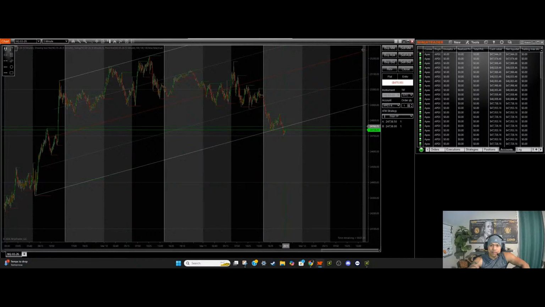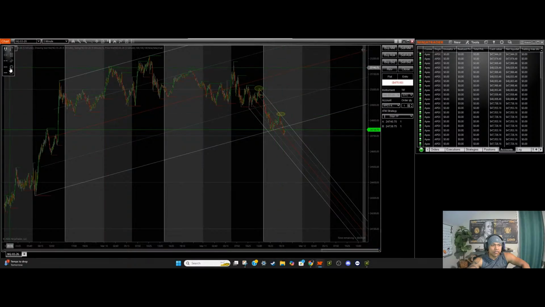Boom. The retest is right here, right? And then if we draw the downside, two pivot points. There we go. And then you can do this. It's getting really tight. Let's see. This pivot right here. So pivot point here, kind of giving you guys a perspective on what I see.